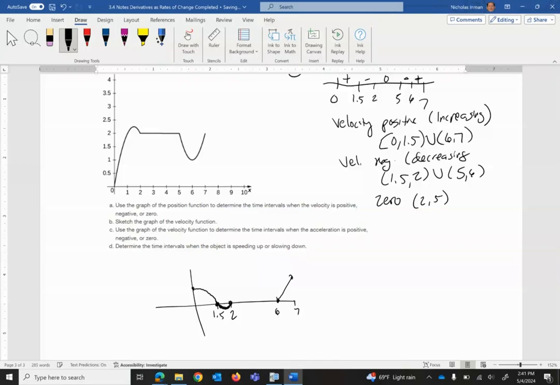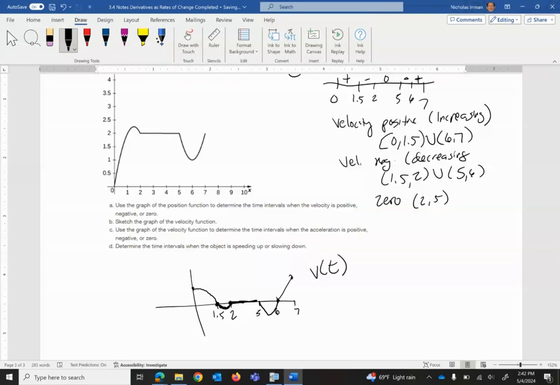So we don't get a very big decrease. We're constant, a 0 slope from 2 to 5. And from 5 to 6, we were negative. But we go way lower, so that speed gets quickly down. So we would have a velocity graph, something like this.